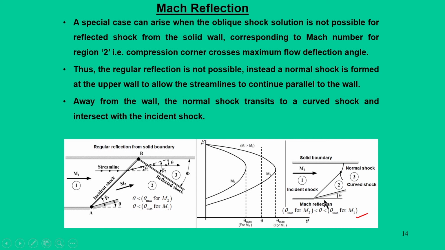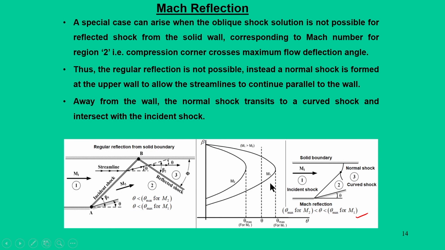So, what will happen, the first incident shock is formed in a similar way as it was formed here. Now, at one point it cannot go further because we do not have an attached shock solution for the Mach number M2.